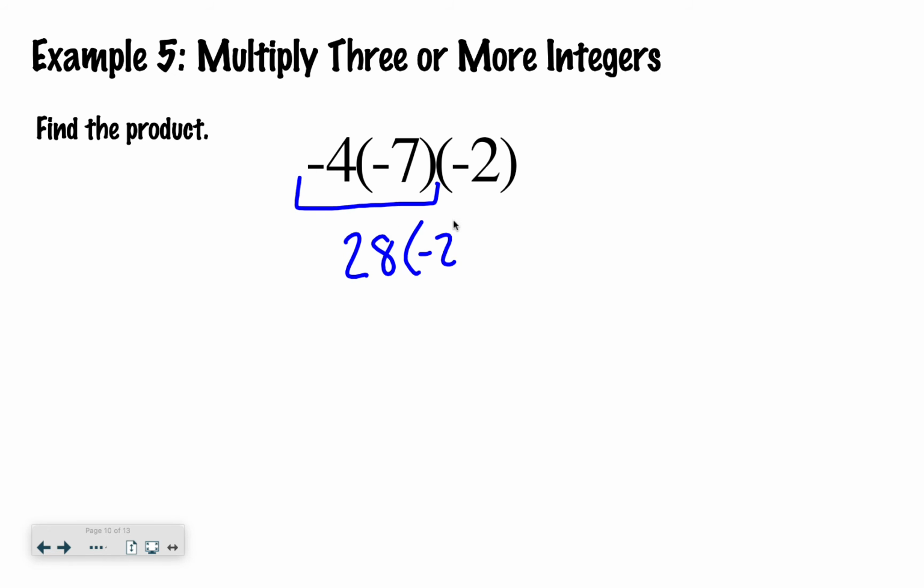And then I'm going to multiply that 28 by a negative 2. So positive times negative is now a negative, and 28 times 2 is going to be 56. So my answer is going to be a negative 56. So whenever you have more than two numbers, just start grouping them together and working your way through the numbers like I did.